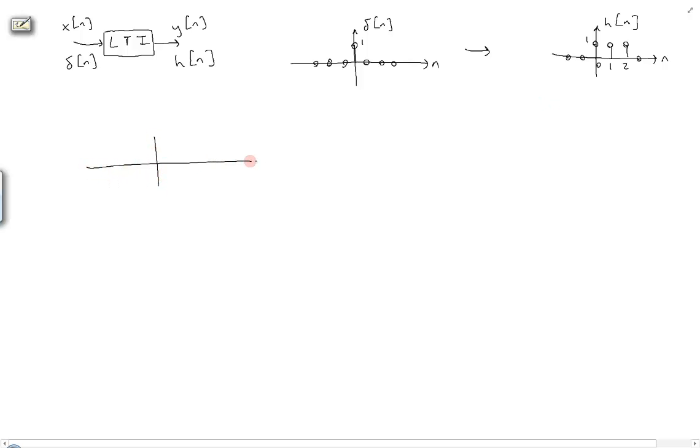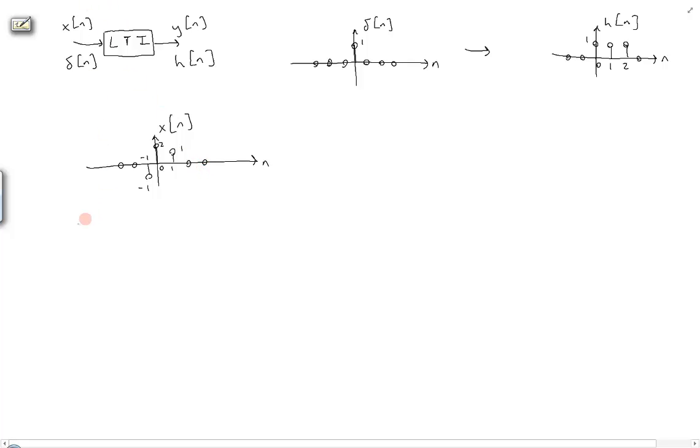Suppose that we have an input signal x of n, which has amplitudes of -1, 2, and 1 at samples -1, 0, and 1, and is 0 everywhere else.